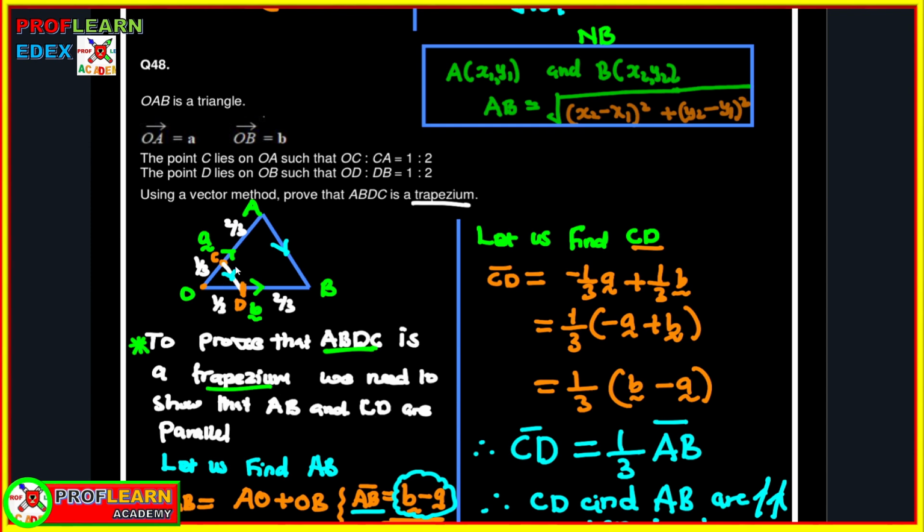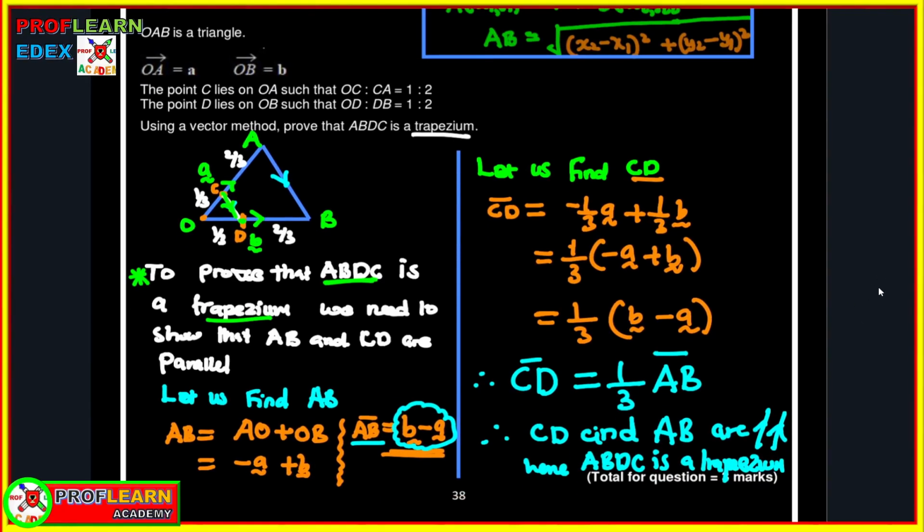Because you see, I've already drawn the triangle. I've indicated the ratio in which OA is divided by C and OB is divided by D. Then I have this point. So if I draw this straight line, I can now say if we manage to prove that CD and AB are parallel, then it means that we have confirmed that it is a trapezium.